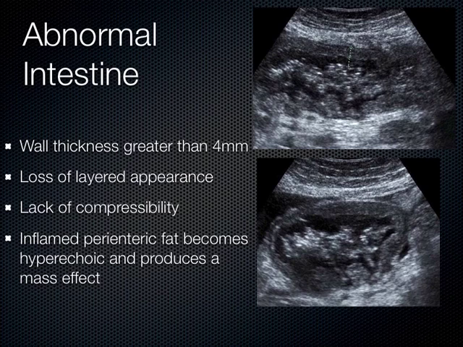So this is abnormal when we see it thickened like this. We have the loss of that layered appearance. It's hanging out by itself. It's no longer compressible. That's another thing. Normal intestine should be nicely compressible. And if you look around the edges of this, stuff that's inflamed always appears hyperechoic, very bright. And we can see around the edges of the structure here, it's got these hyperechoic areas.